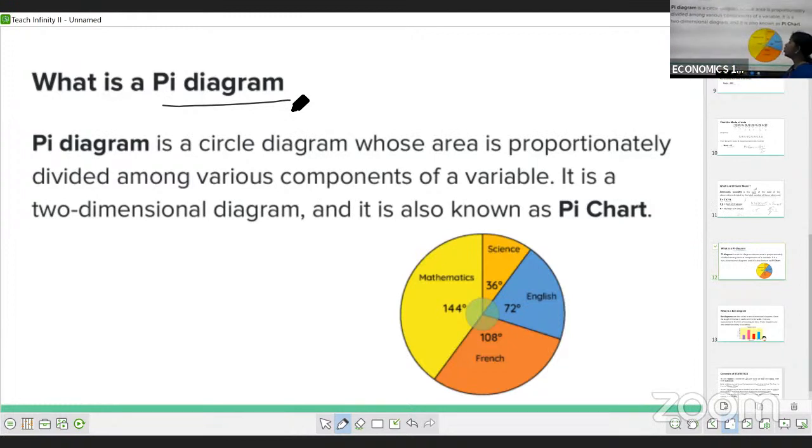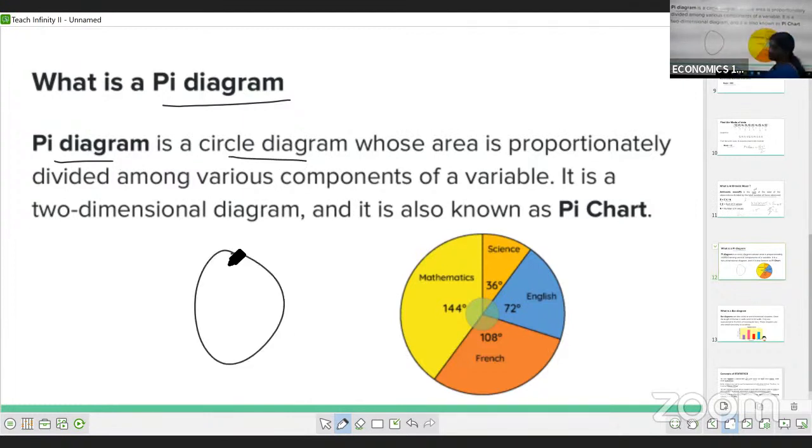The question is, what is a pie diagram? A pie diagram is a circle diagram. It is like a circle whose area is proportionately divided among the various components of the variable.